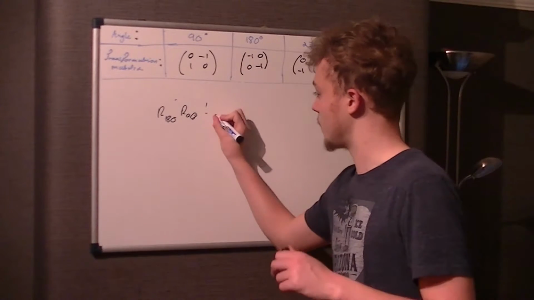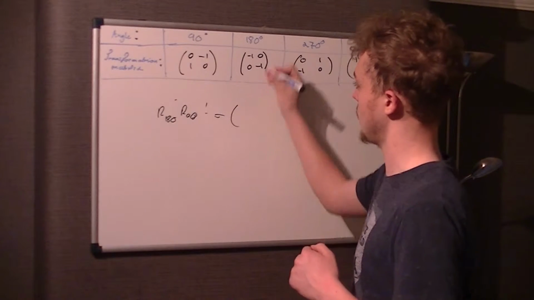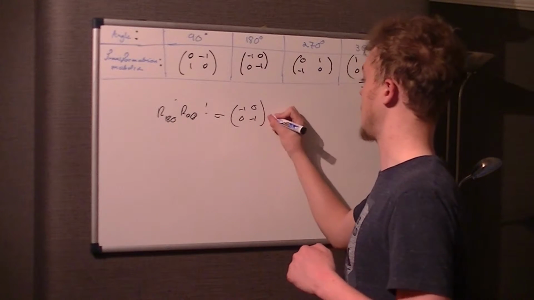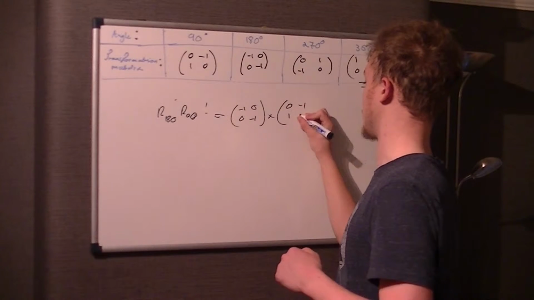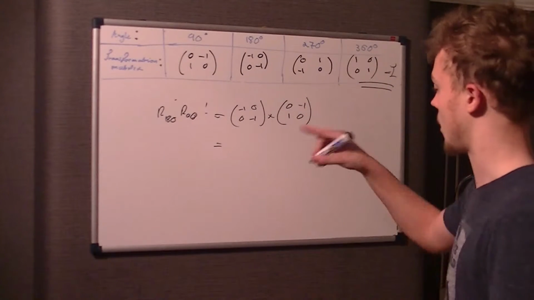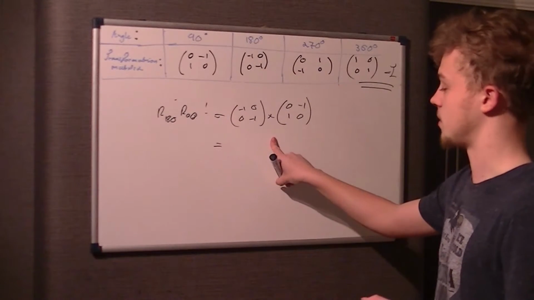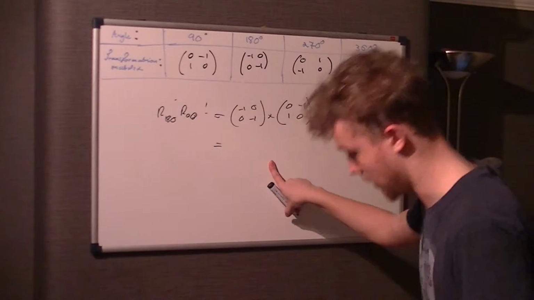So basically you do these two transformation matrices times each other. So the 180, which is minus 1, 0, 0, minus 1, times the rotation of 90 degree matrix, which is 0, 1, minus 1, 0. If you were to do this out, you do column 1 times row 1, column 1 times row 2, column 2 times row 2, column 2 times row 1, column 2 times row 2.